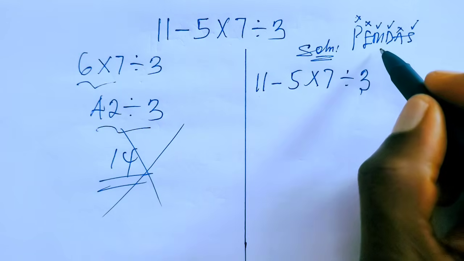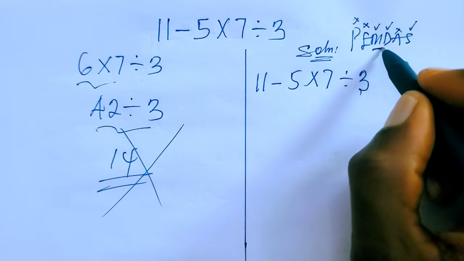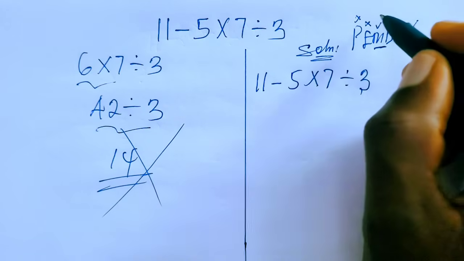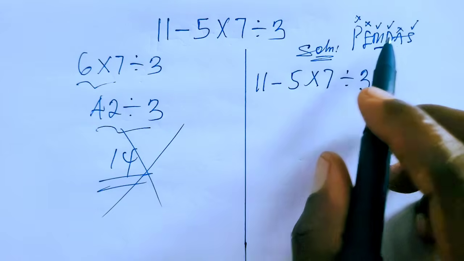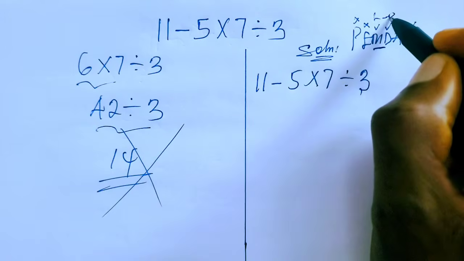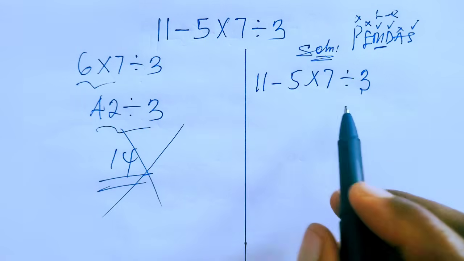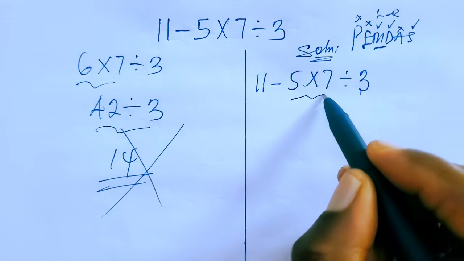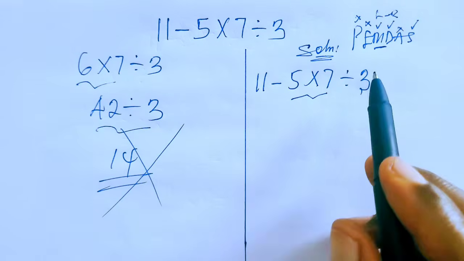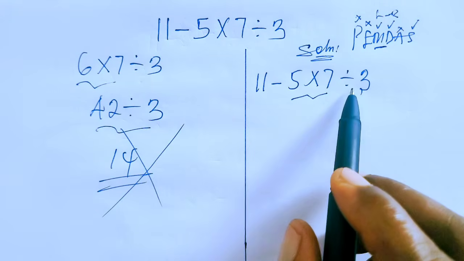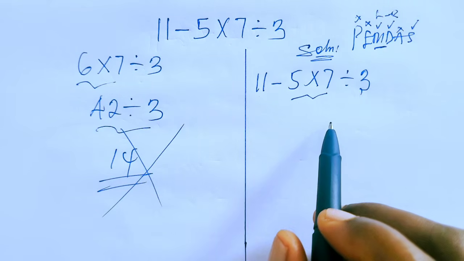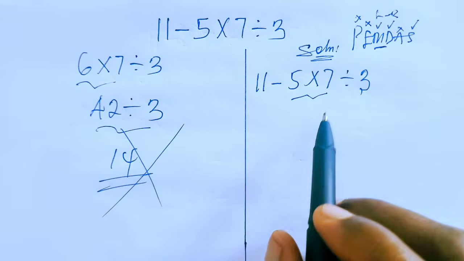Now, it's important to note that multiplication and division have the same precedence, and the operation goes from left to right. In this expression, we first consider multiplication, because the operation is from left to right.